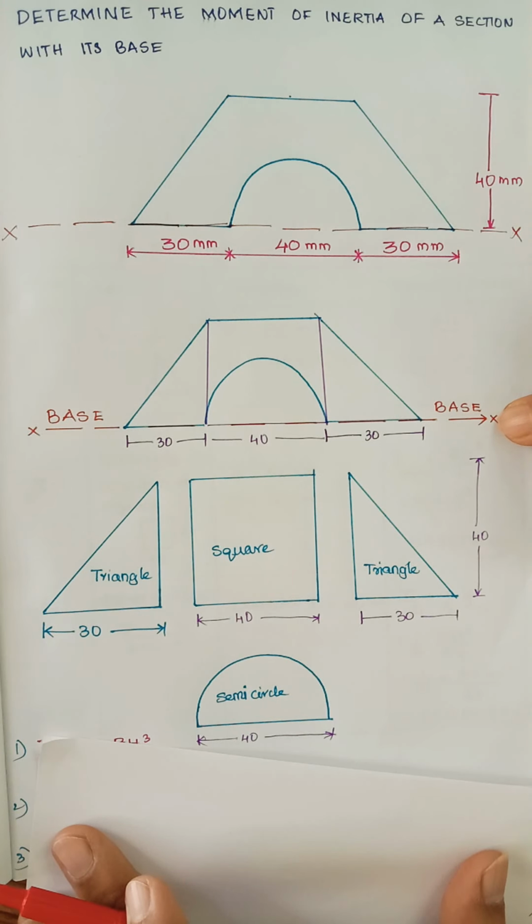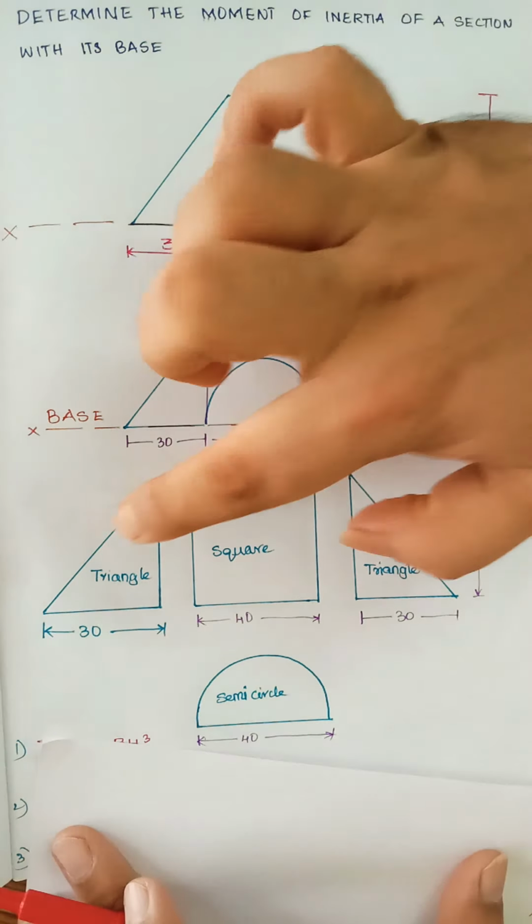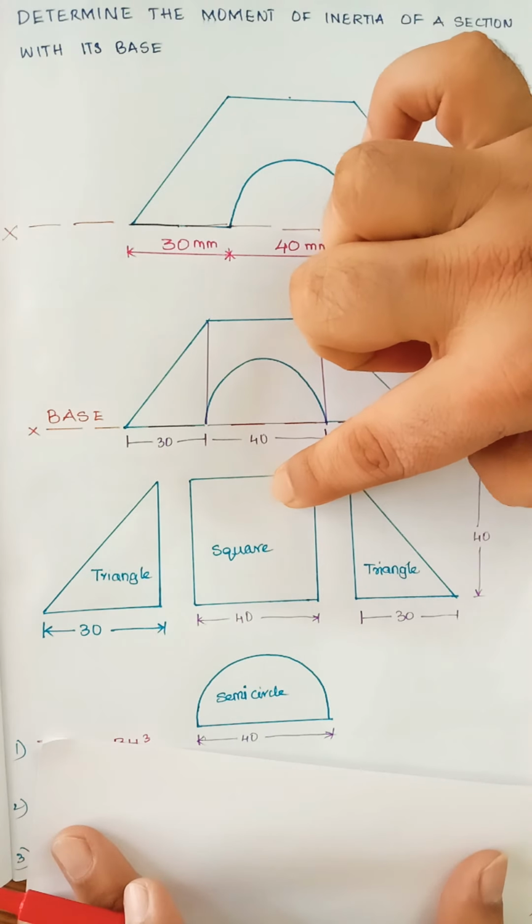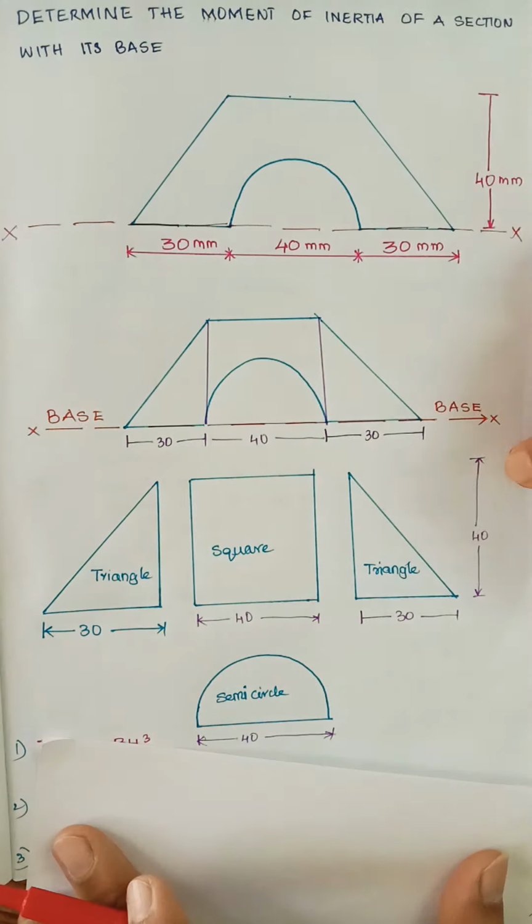Now to calculate the moment of inertia with respect to the base, earlier we have determined formulas for the triangle, the rectangle or square, as well as the semicircle. Obviously the moment of inertia of a semicircle will be half of the moment of inertia of a circle.